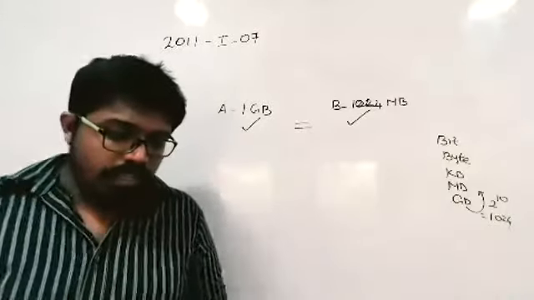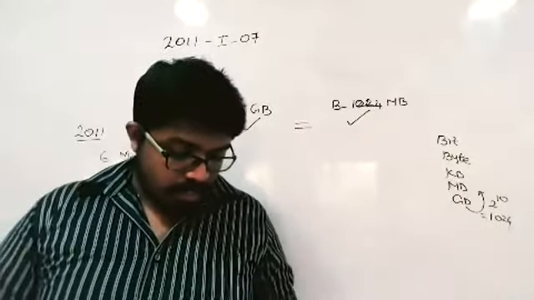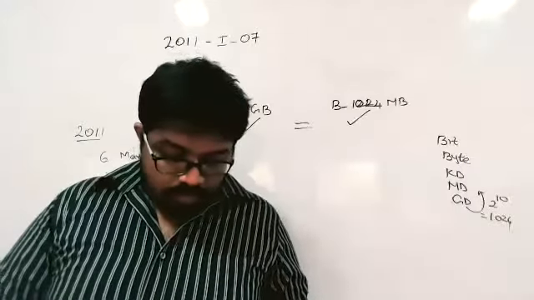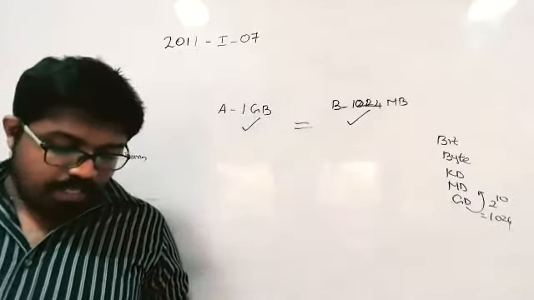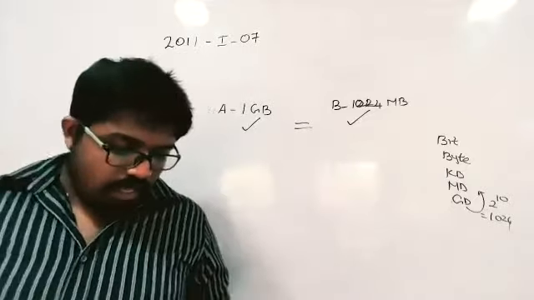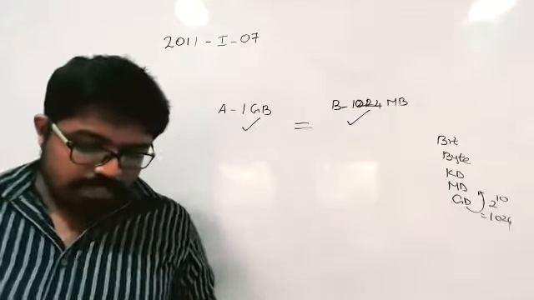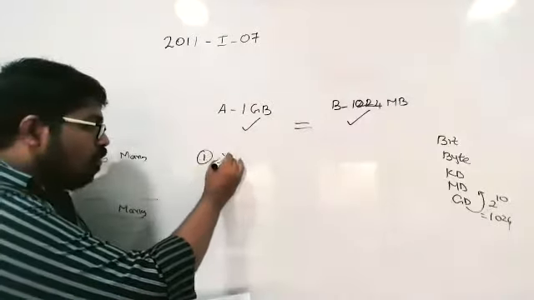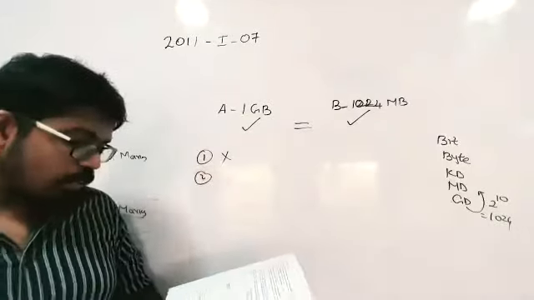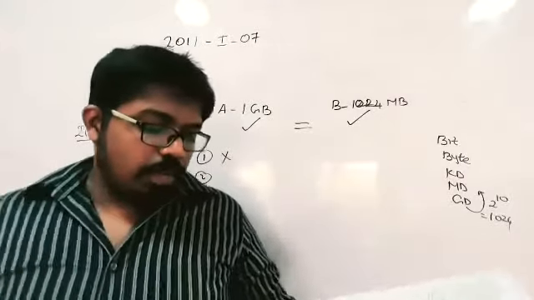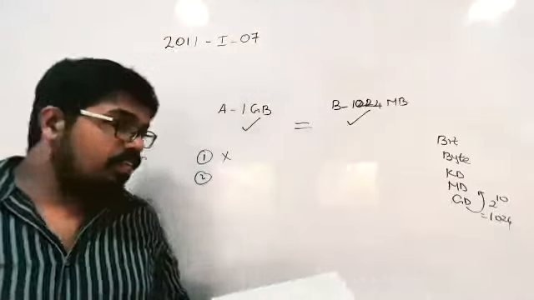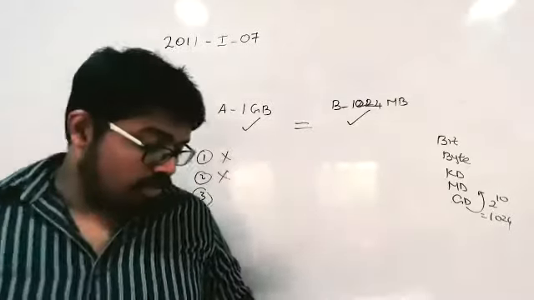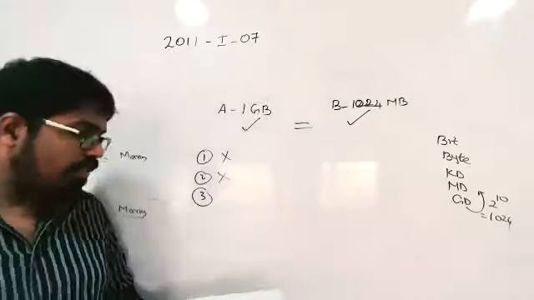So what is the correct statement regarding their memory capacities? Computer A has a higher memory capacity than computer B. That is wrong. So the first answer option is wrong. Second answer option, computer B has a higher memory capacity than computer A. That is also wrong. Why? Both are equal. Both have equal memory capacities.